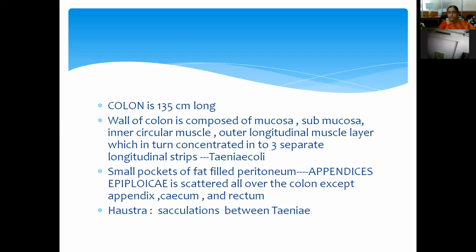The longitudinal muscle layer of the large intestine forms the 3 tinea coli. And small pockets of fat-filled peritoneum, also known as epiploicae, are scattered all over the colon except the appendix, cecum, and the rectum. Haustra are the sacculations between the tinea. I will show you them.